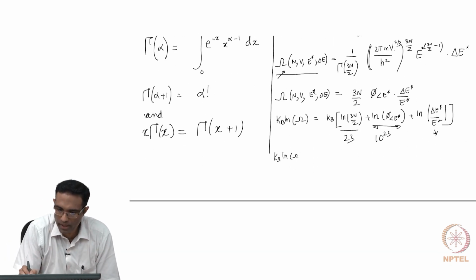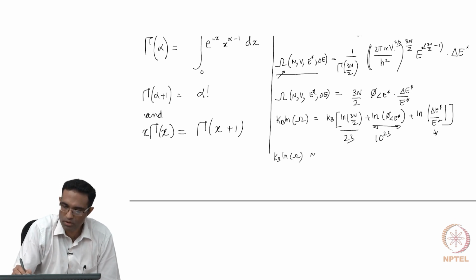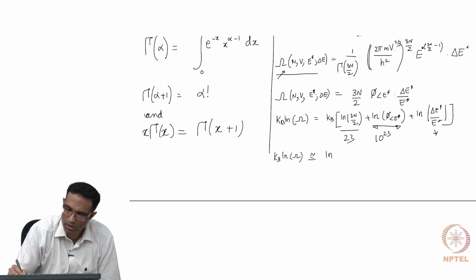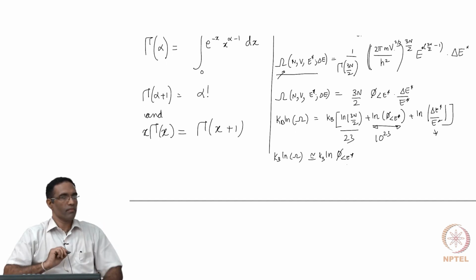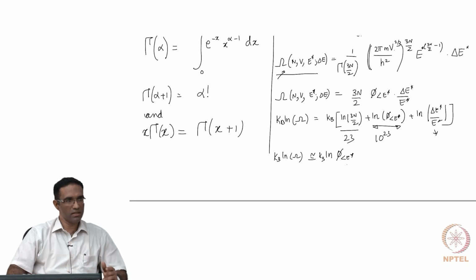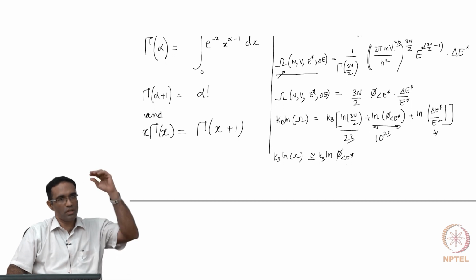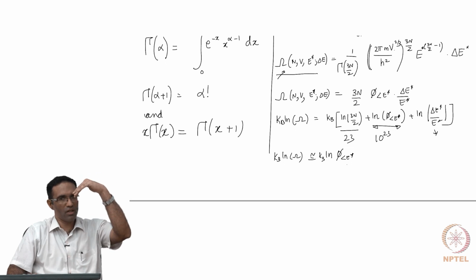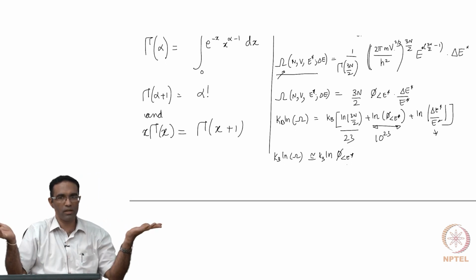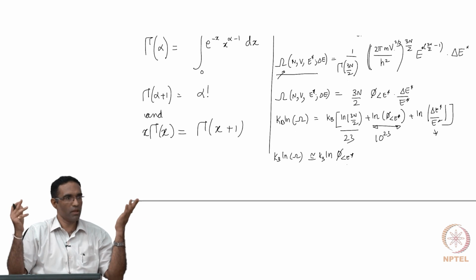Kb ln of omega is approximately equal to Kb ln of phi less than E star. Essentially what this is telling us is, when the number of particles is extremely large, whether you consider the total number of states right around E star or whether you consider all the states beneath it, it is not going to affect our results significantly, because of the sheer number of particles you have and the number of ways the system can arrange itself.